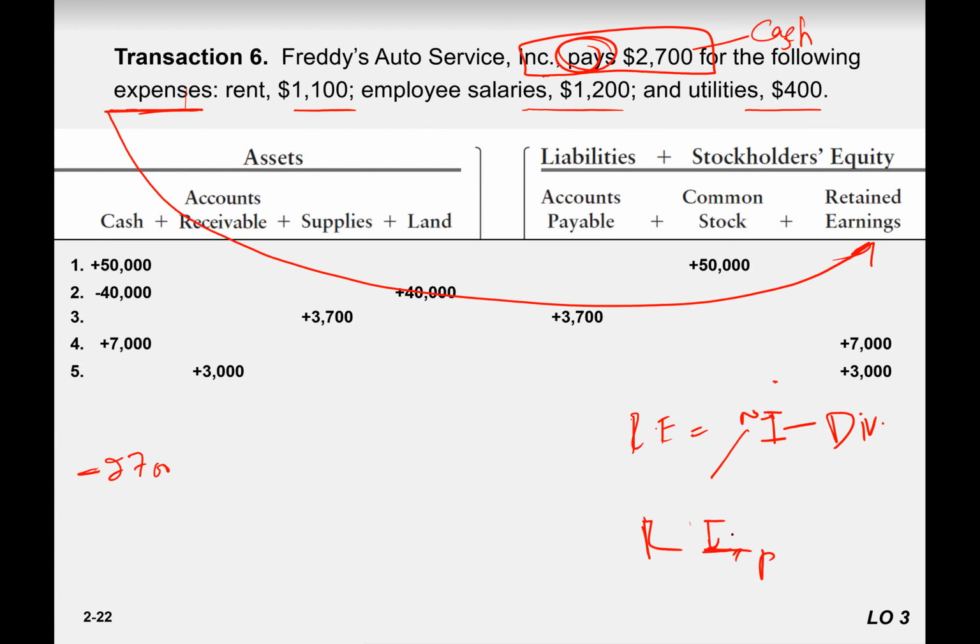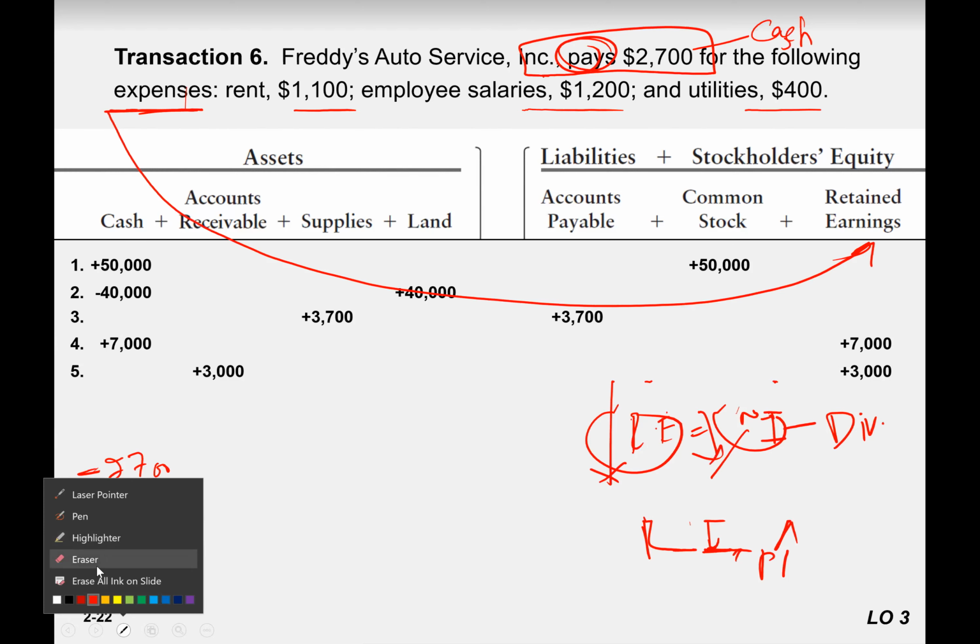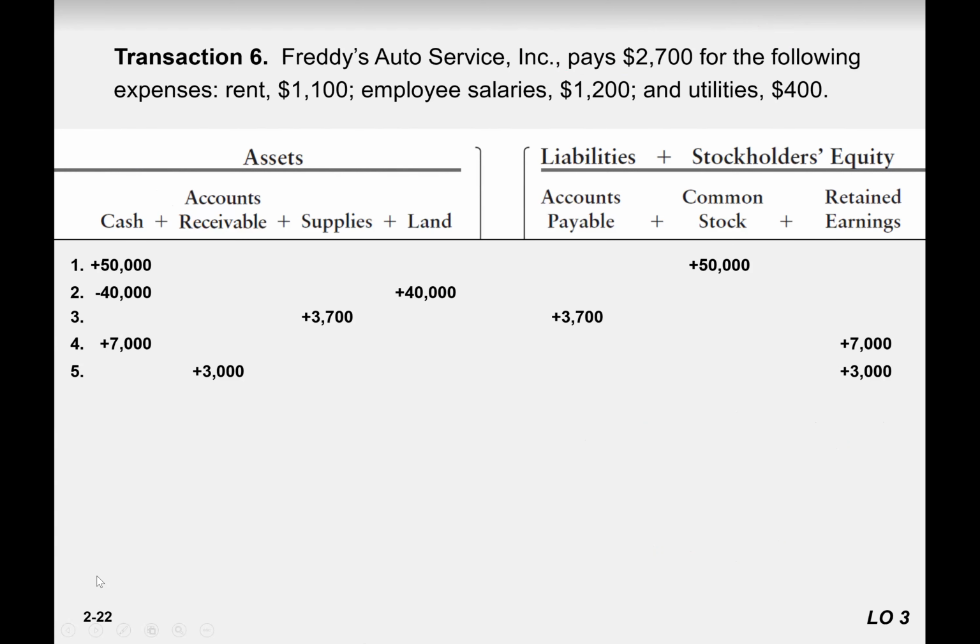So if expenses increase, net income decreases, and retained earnings decrease. So expenses basically decrease the retained earnings. Right, guys?